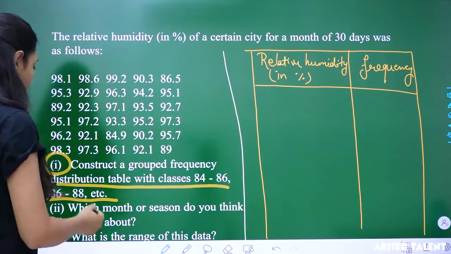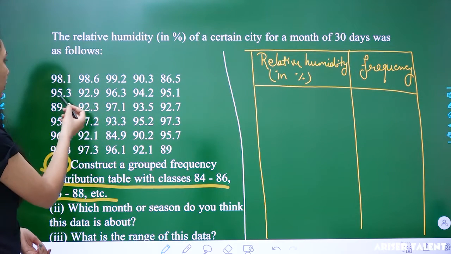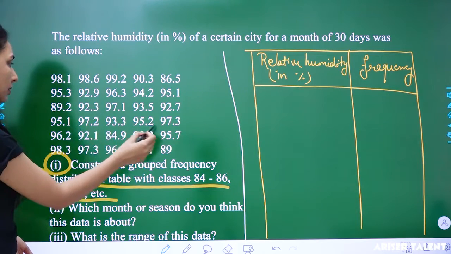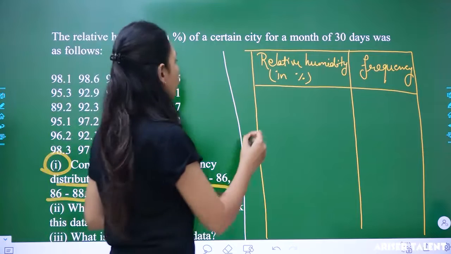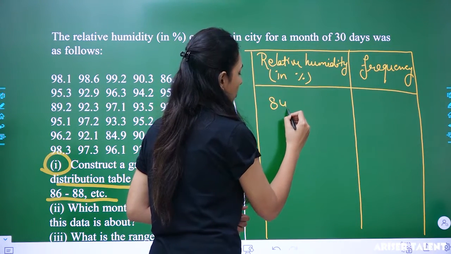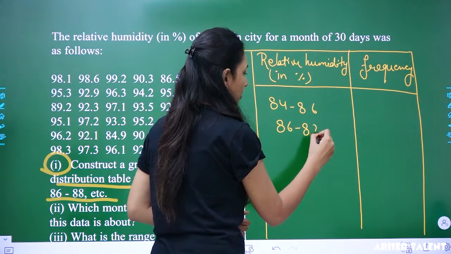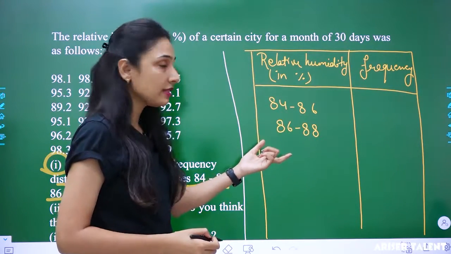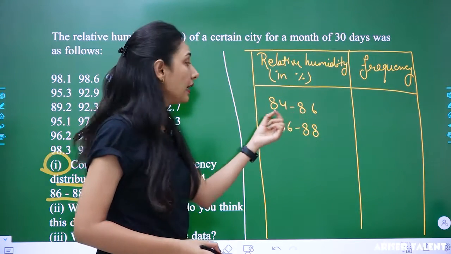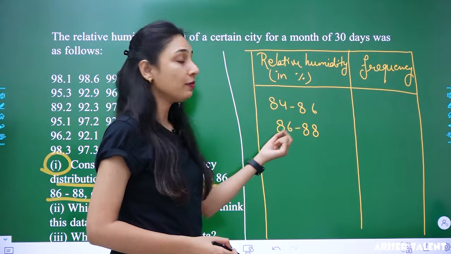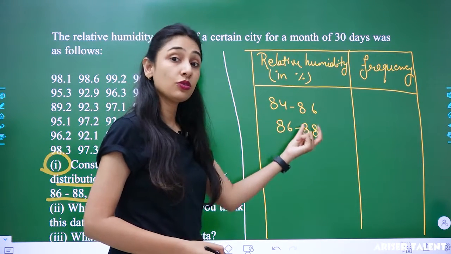Correct? Now, the range will be from 84 to 86, anything less than 84 here? So we are starting from 84 to 86, next limit will be 86 to 88, because the difference will always be the same. Here we will be having the difference of 2, 84 plus 2 is 86. So if it's starting from 86, it will be going till where? 86 plus 2, that is 88.